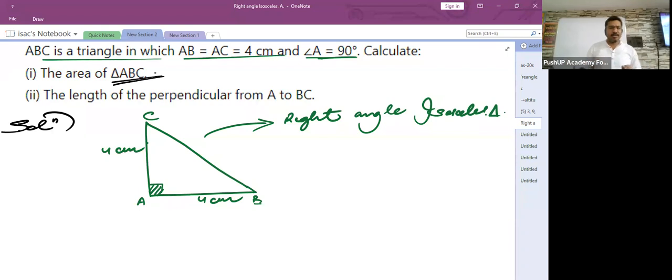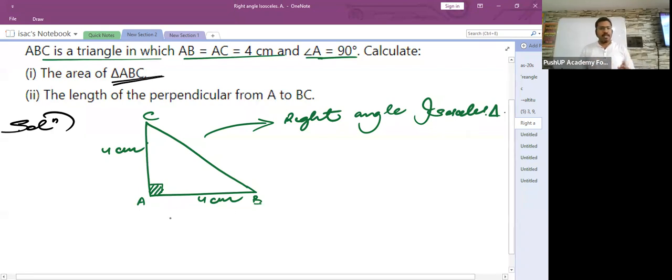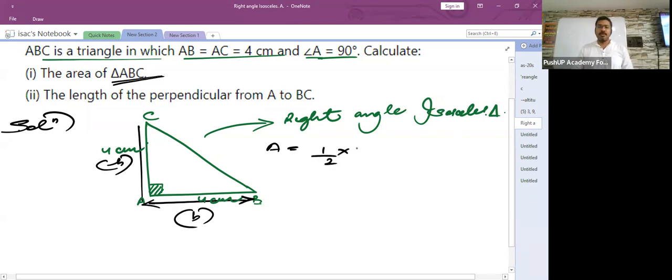Now you know very well that the base of this triangle is equal to 4 centimeter. The height of this triangle is equal to 4 centimeter. When the base and its corresponding height is given to you, how to find the area of that triangle? What is the formula? 1/2 into base into height.